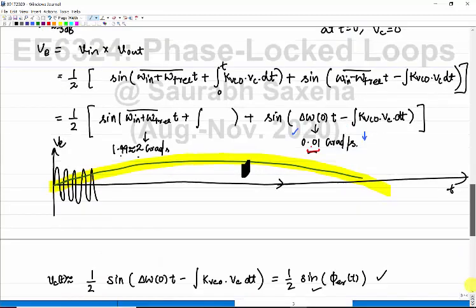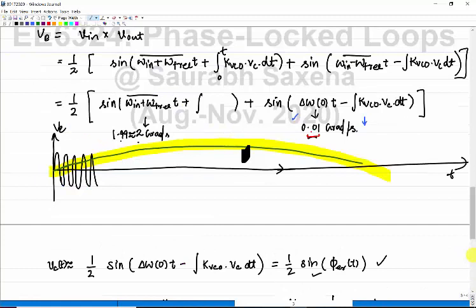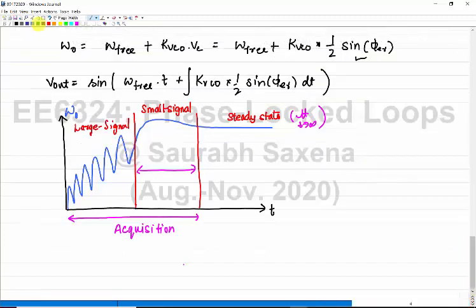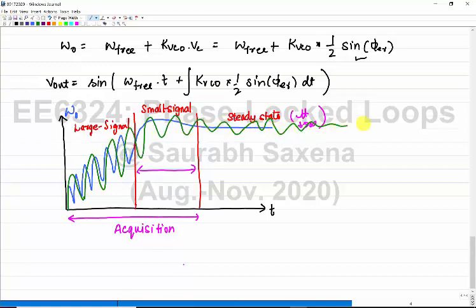It depends on how much frequency error and what loop filters and other things you have in the PLL. Maybe some particular crazy system will keep on doing this, just like an example. It may never reach steady state. If such is the case, then you never acquire the lock. So depending on different blocks, you have these options.